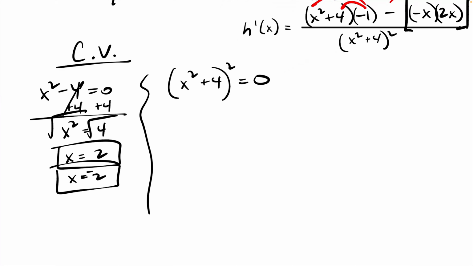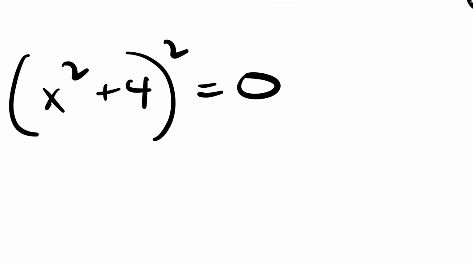Why is the other one not even worth solving? Anything we're going to get is just going to be positive. There's no number I could plug in there that would make 0, negative or positive.